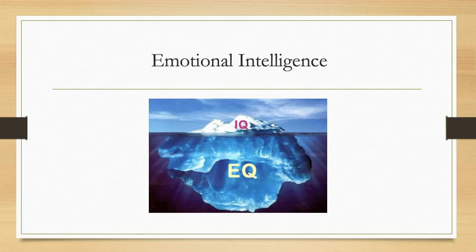I love this picture because what we often see is the IQ of somebody. How smart are they? When we interview, we very often look at someone's GPA or their academic success, or whether they belonged to some sort of academic honor code. I love the people. I want a smart nurse, but I also really want a kind nurse. I want an emotionally well-regulated nurse.